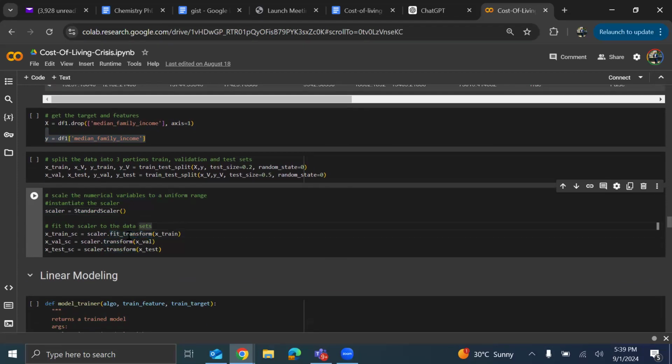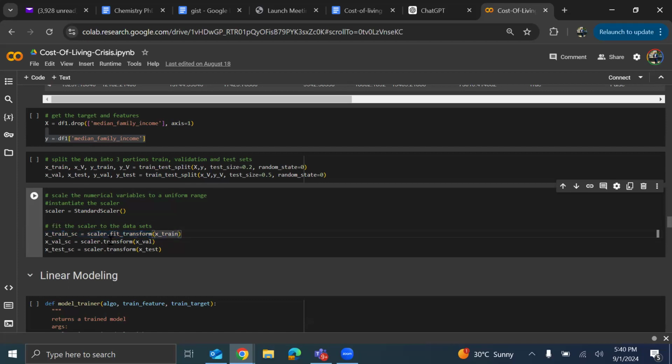All right, so I'm doing a fit transform here because this is the first time I'm fitting the scaler to the data, so I want it to get the mean and the standard deviation from the training set.